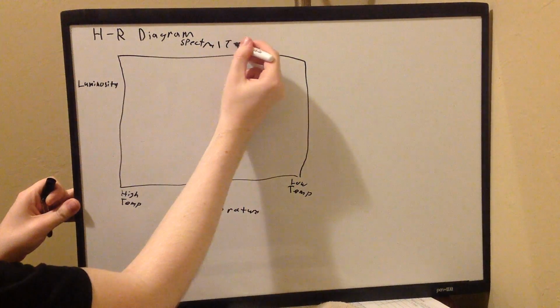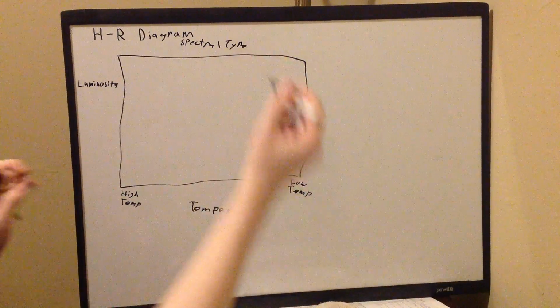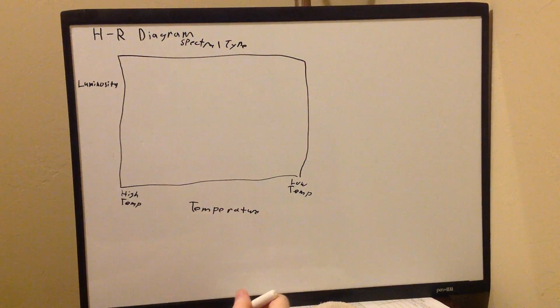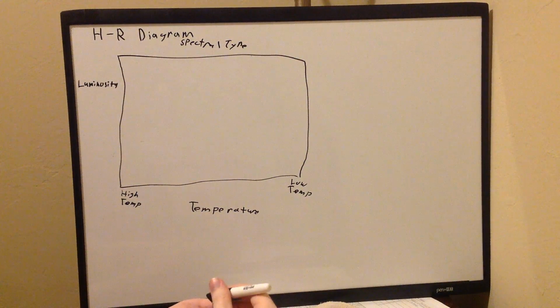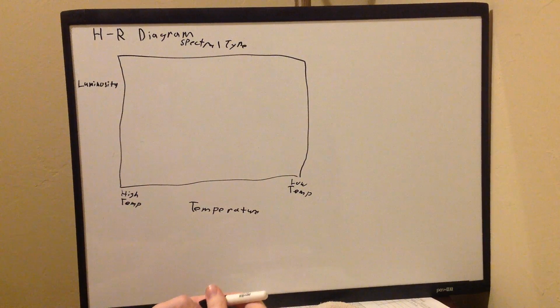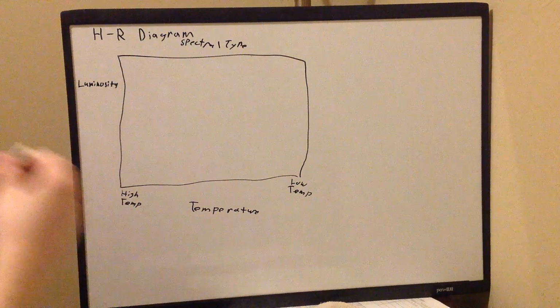As you may recall from last week's lecture, the spectral type that we currently use, as developed by Annie Jump Cannon, sorts stars primarily based on temperature. It's arranged on temperature.